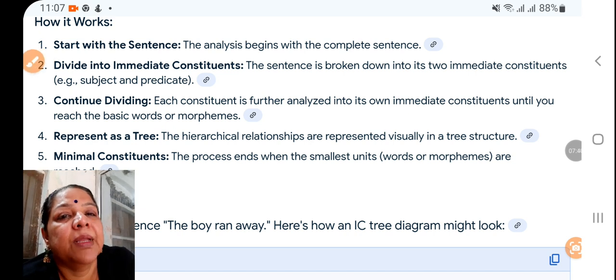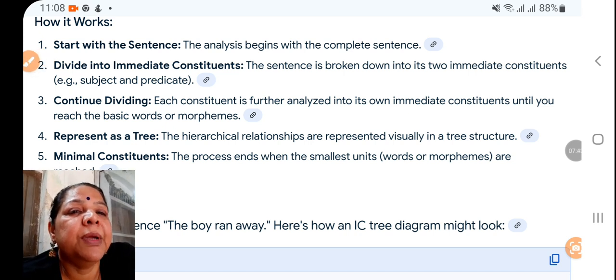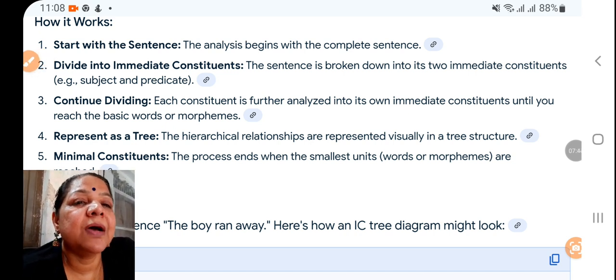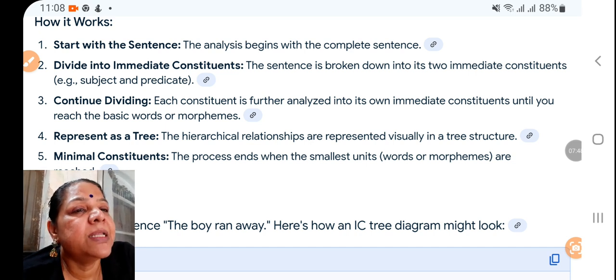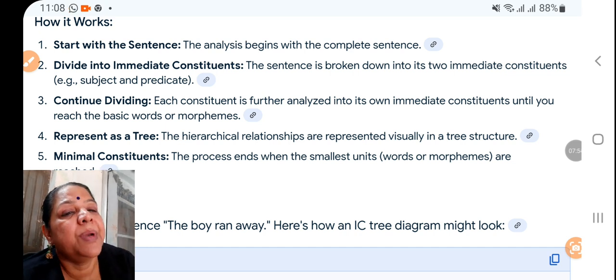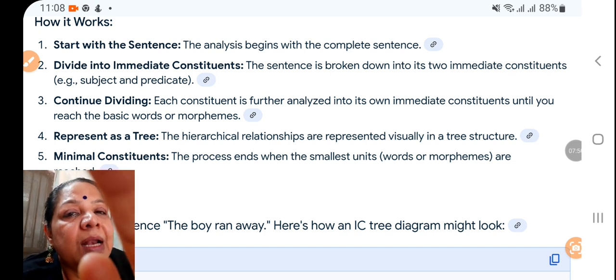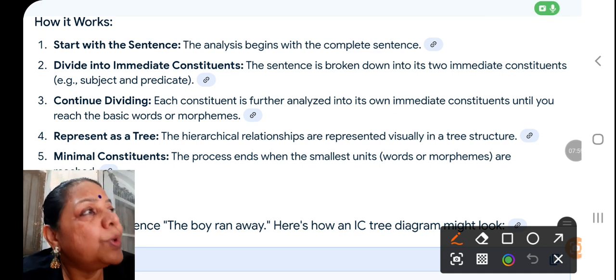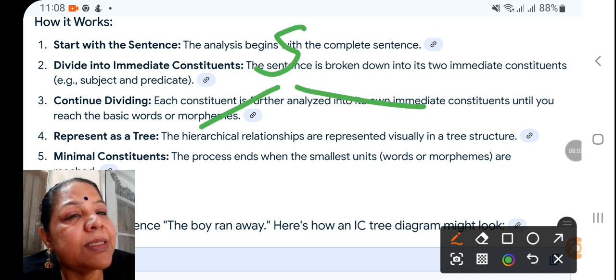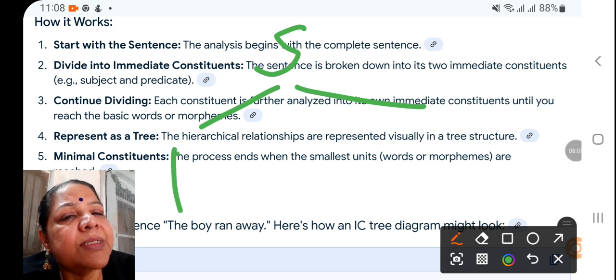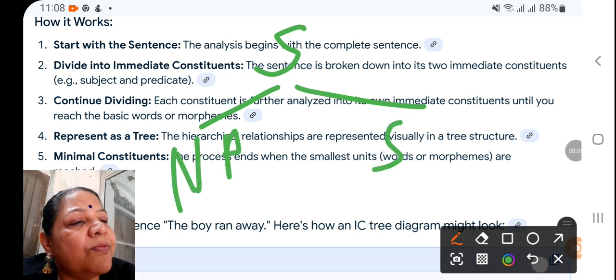Now, divide into immediate constituents. The sentence is broken down into its two immediate constituents, such as subject and predicate. When we analyze a sentence through a tree diagram, it is analyzed through two phrases, noun phrase and verb phrase.